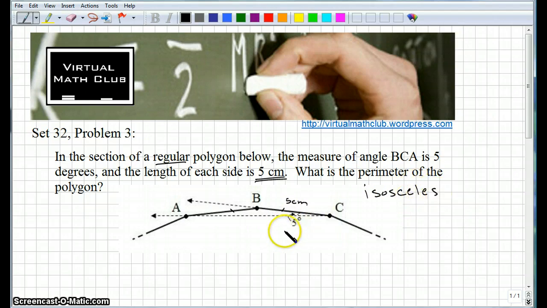Isosceles just means it has two sides that are the same. And if the sides are the same, then the angles opposite them have to be the same. So this is 5 degrees.